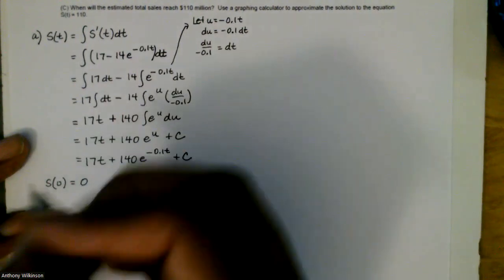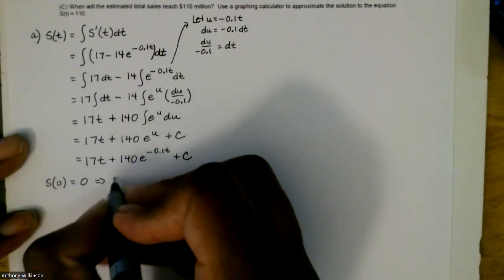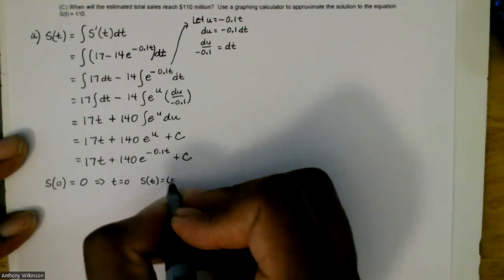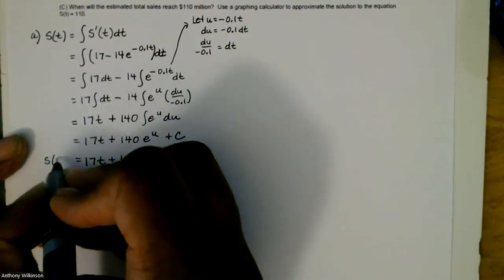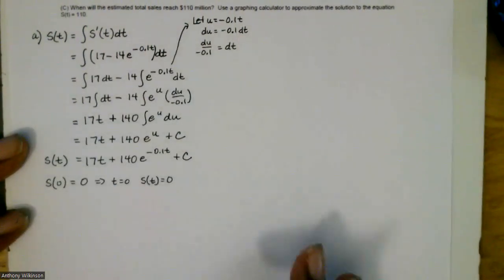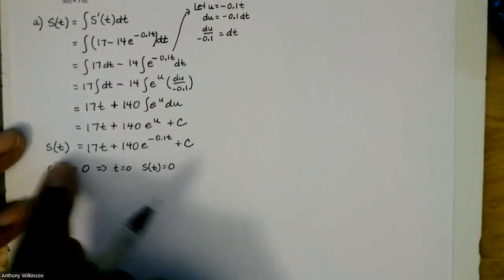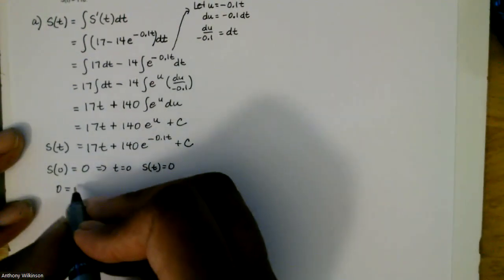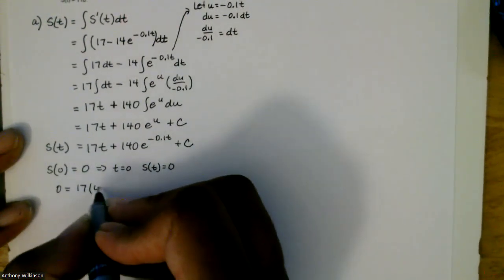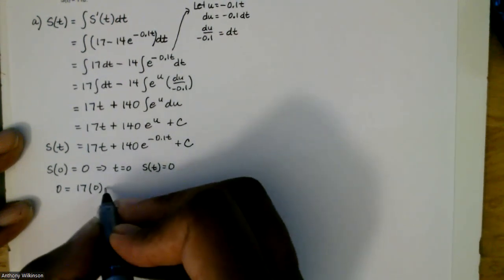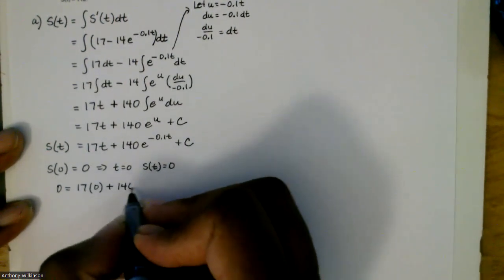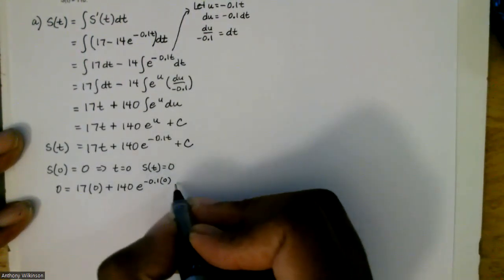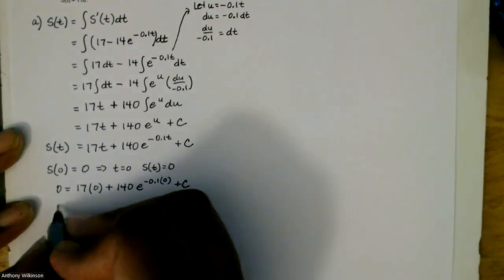In other words, if t is 0, then S of t has to be equal to 0. All right. So I'm going to substitute the S of t with 0. So this will be 0 is equal to, and we're going to replace each t in this function with 0.